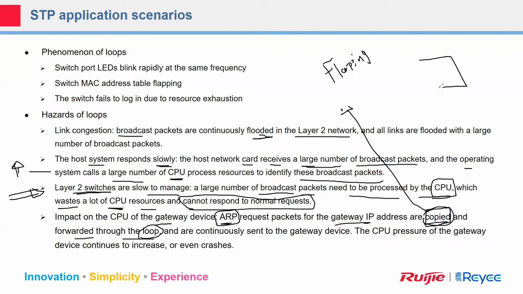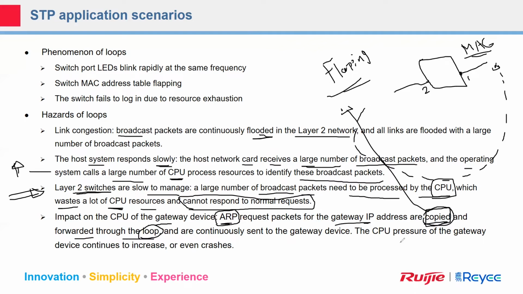The switch is receiving the same MAC from that port and from that port. So maybe at the other end, there is a loop here. And that MAC is received from port 1 and it's received from port 2 as well. So definitely there is a loop.